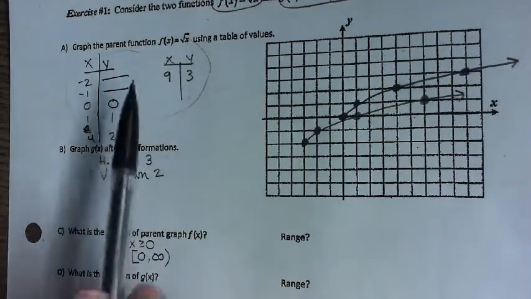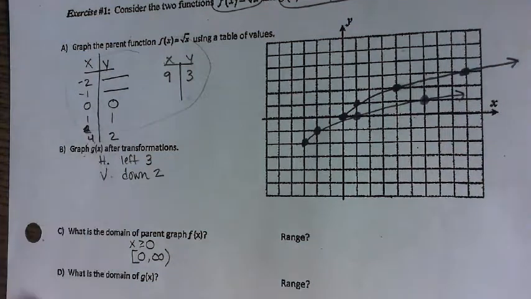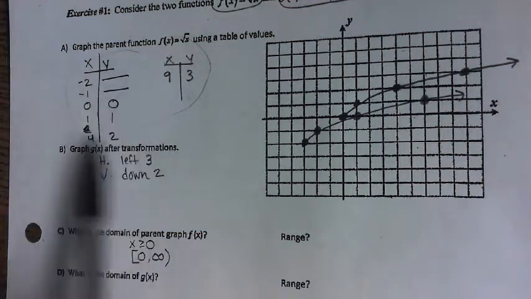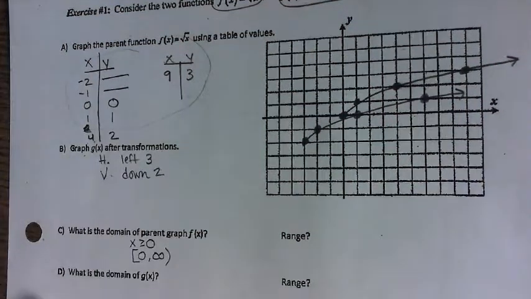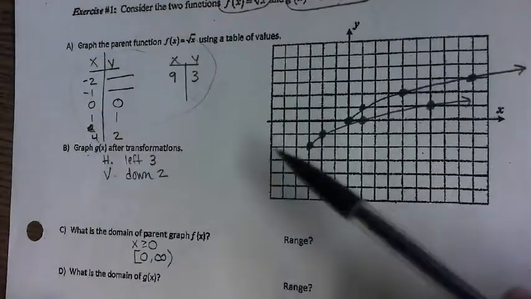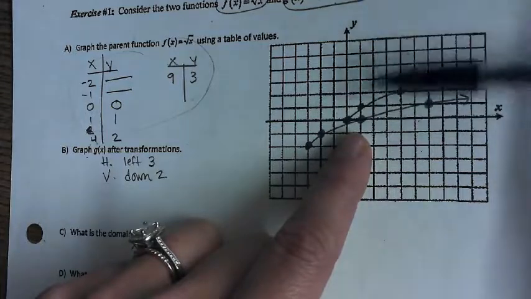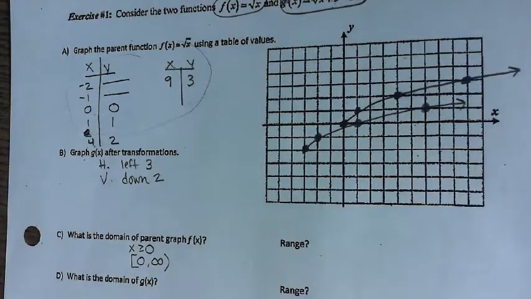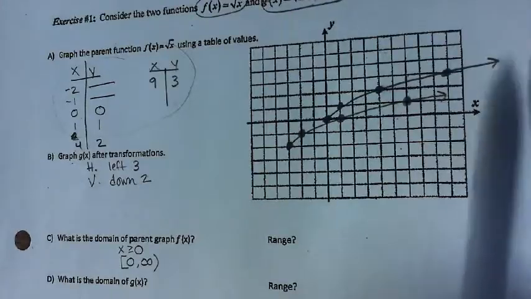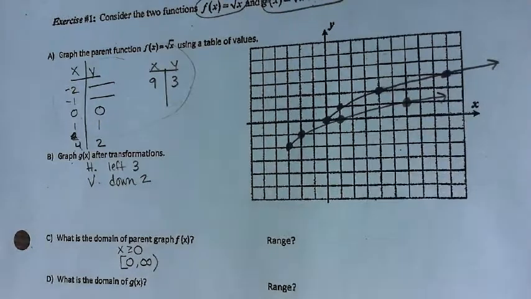What were the y values limited to on your parent graph for our range? Right, they started at 0 as well, and you can almost look at the picture. The range starts at 0, and it's going to go to infinity as well. It's not going to get there quite as fast because this kind of flattens out, but it can, because x can get to be 5 billion, right?